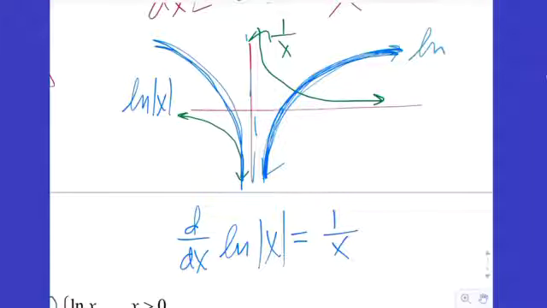Still 1 over x. The only difference is we've expanded our domain now to be able to use the full domain of the derivative 1 over x. So that's kind of cool. It is true. When you take the derivative of the natural log of x or the derivative of the natural log of the absolute value of x, the absolute values just go away.